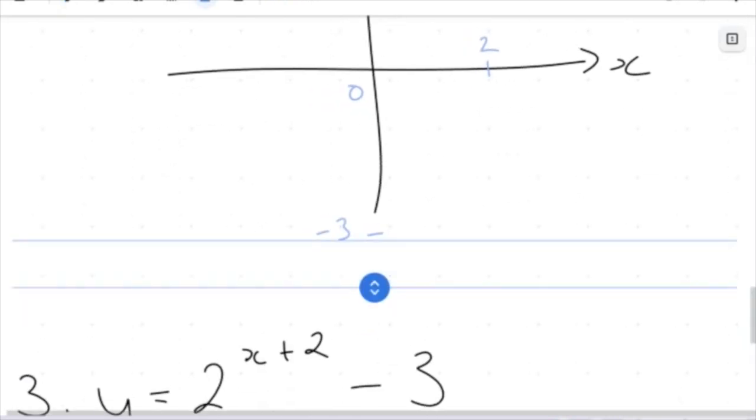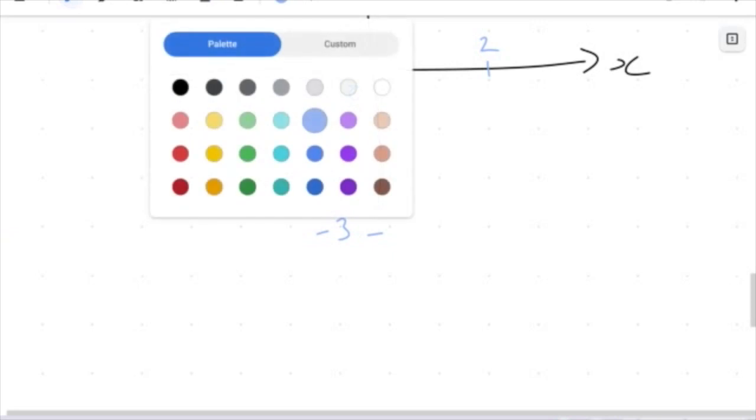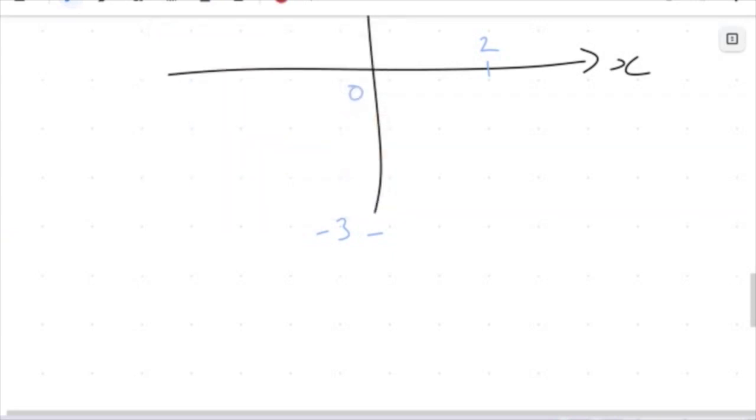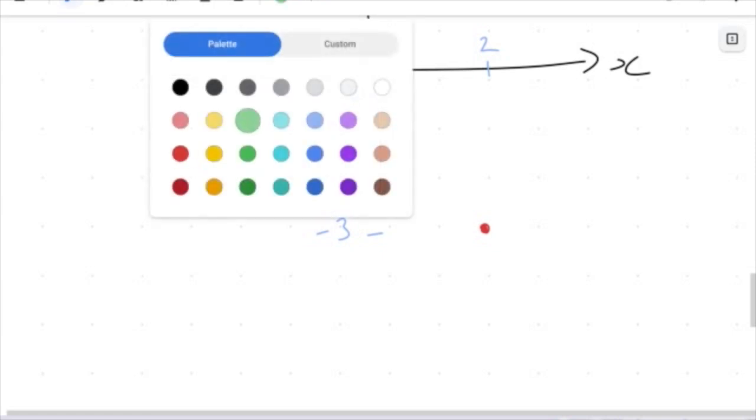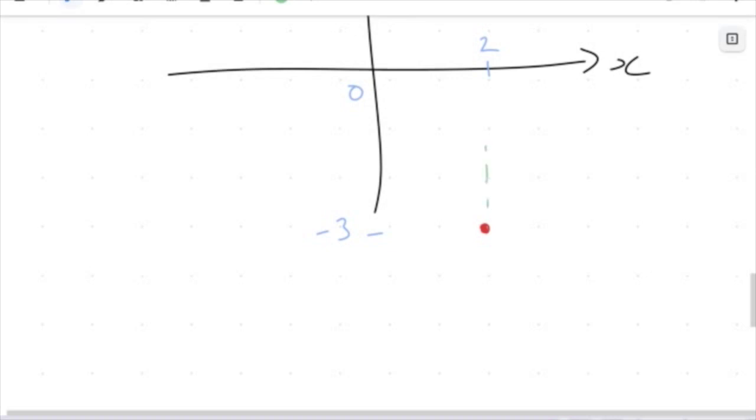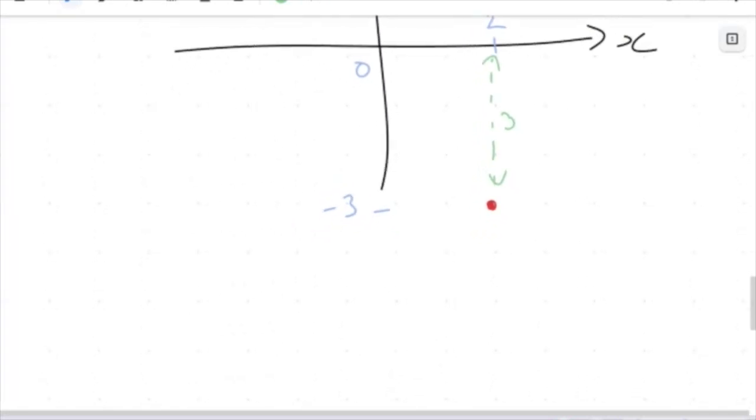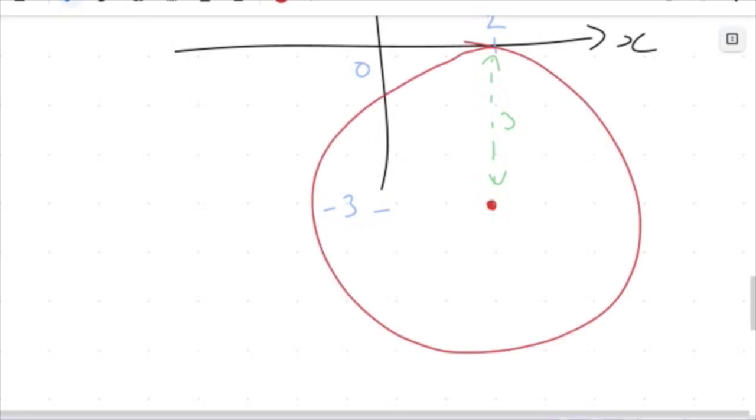So this becomes my new center. And then I draw a circle with a radius of 3. So this distance here is 3 units. And I'm just going to draw that all the way around. So I get something that looks like this. I know it's badly drawn, but this is a circle with the radius of 3.